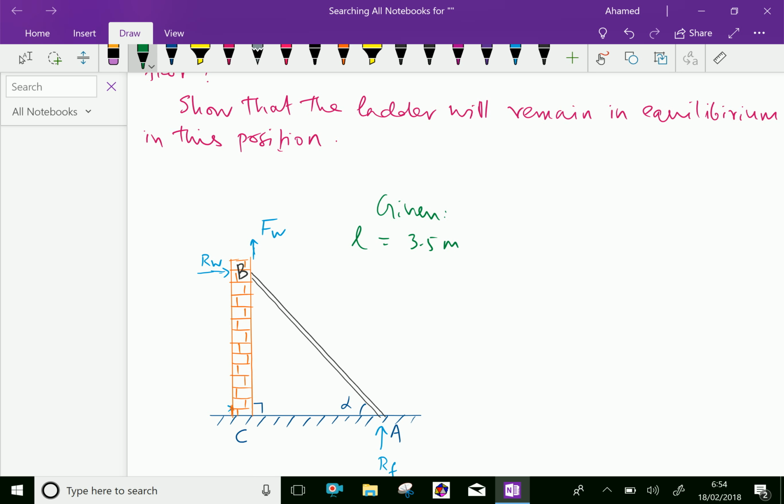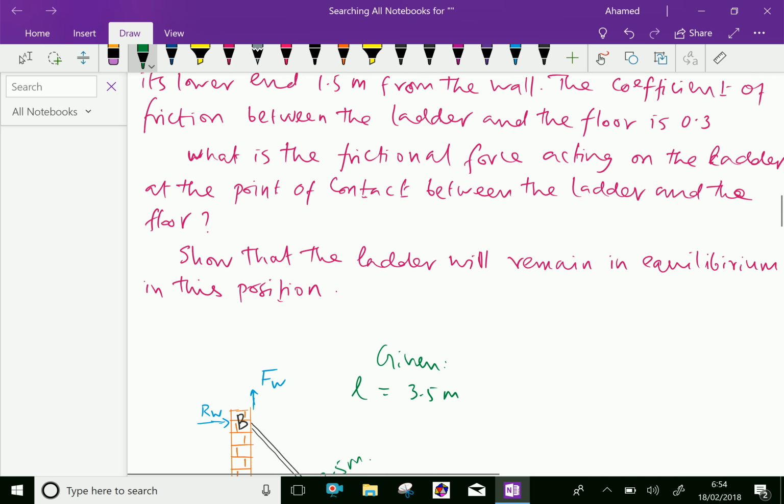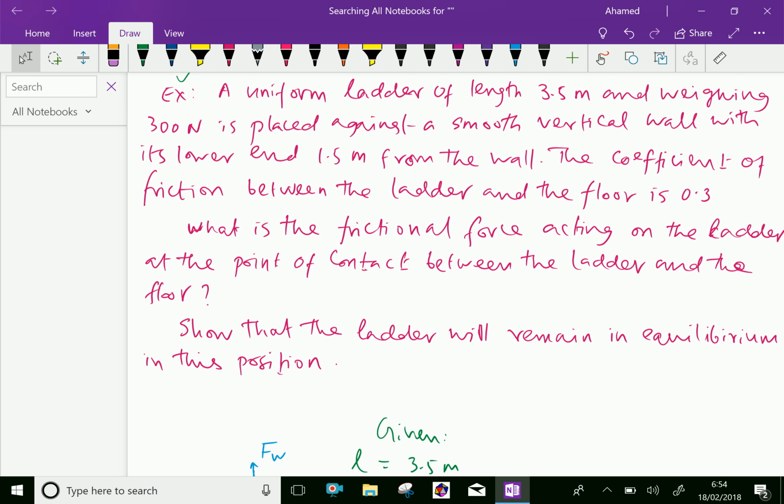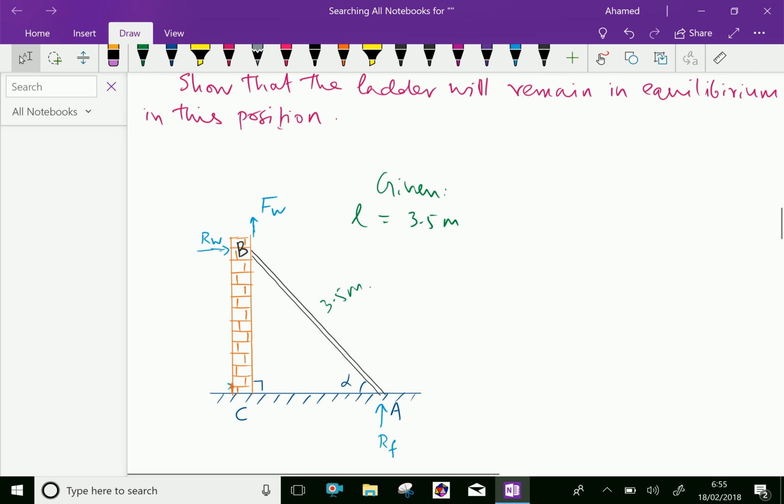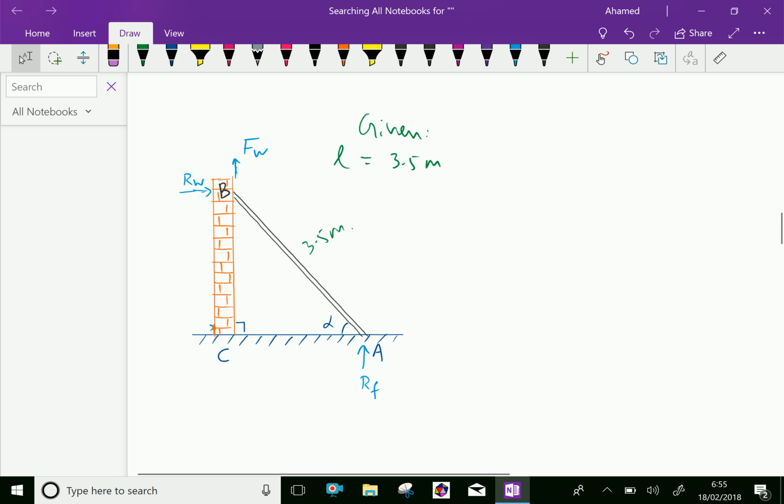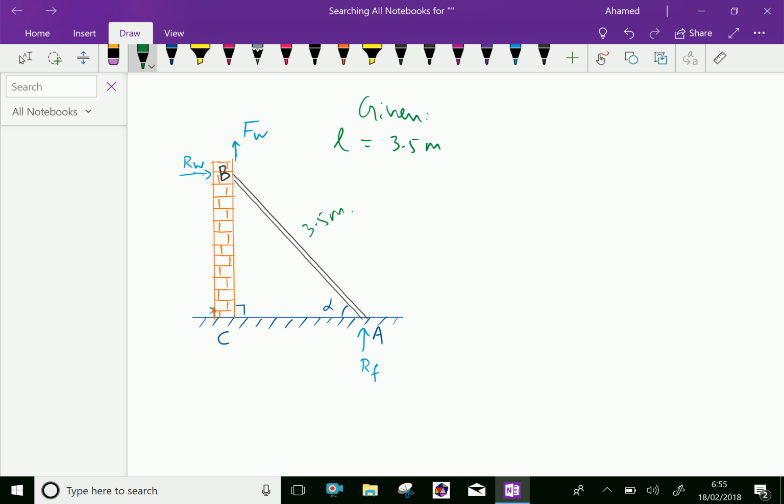The ladder is against the smooth vertical wall with its lower end 1.5 meter from the wall. Here the lower end, from C to A, is 1.5 meter.